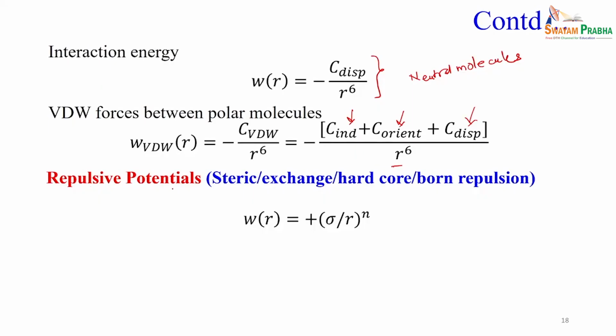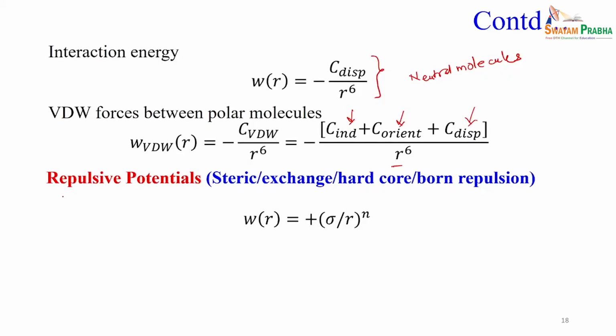The repulsive potential here is known as the steric, exchange, hardcore or bond repulsion. We consider one atom or molecule as a hard shell and the other also as a hard shell. When they come very close, the electron clouds repel each other.